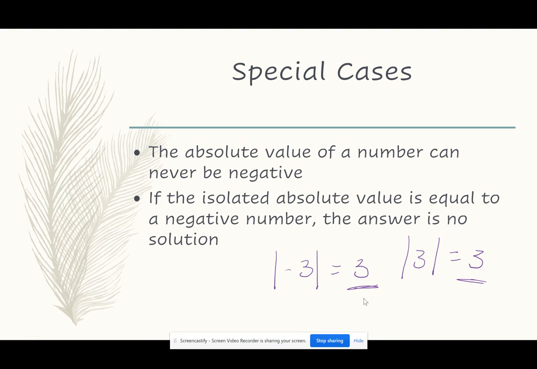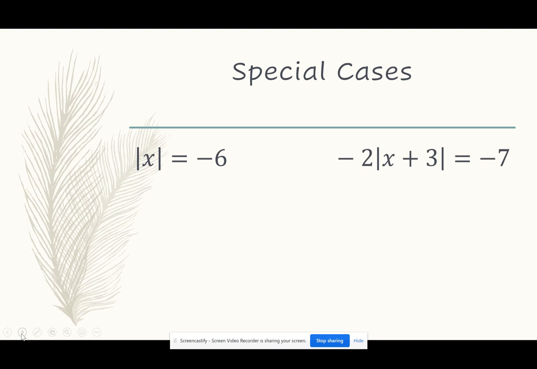Therefore, if we have our isolated absolute value equal to a negative number, it's going to be no solution because this can never equal negative 3. So in this case, we have the absolute value of x equals negative 6. Clearly, this is no solution because we're never going to take the absolute value of a number and get negative 6 out.